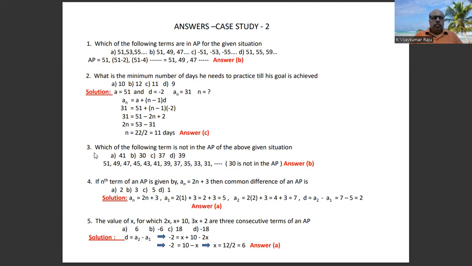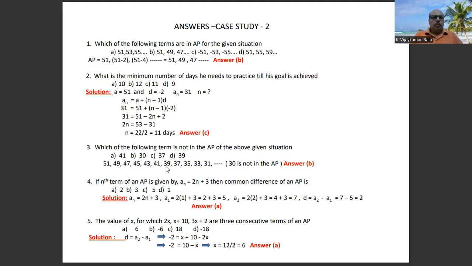Third question. Which of the following terms is not in the AP of the given situation? Now we are given 4 options. So let us see. Our starting time was 51 seconds. Keep reducing 2 seconds every time. It becomes 51, 49, 47, 45, 43, 41, 39, 37, 35, 33, 31.